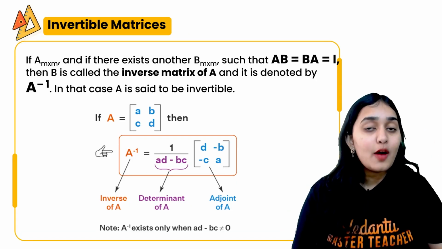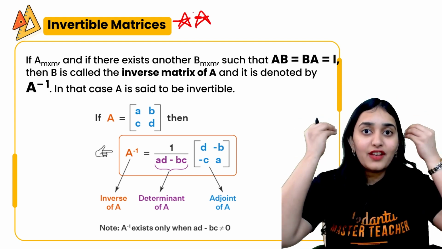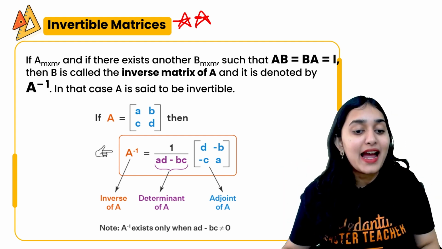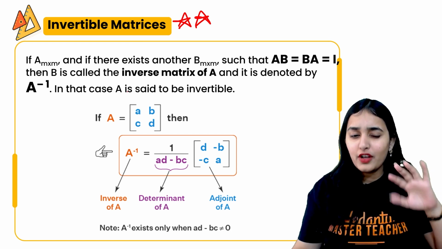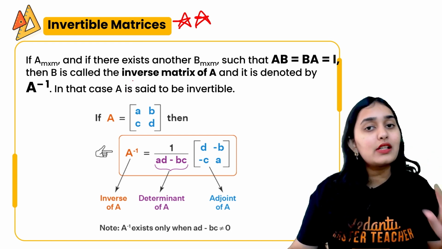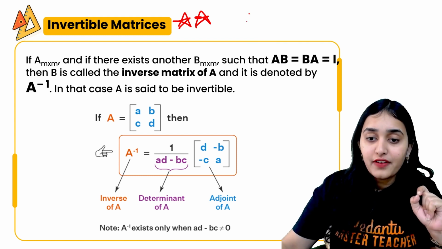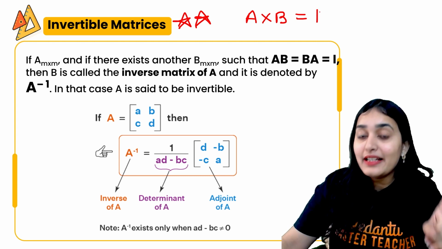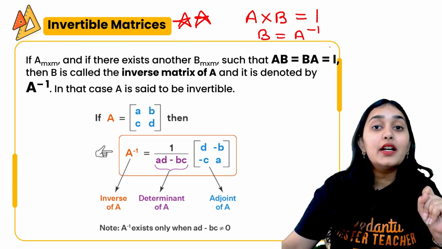Now, last topic of this chapter, again a super important topic asked every year in the question paper. Inverse of a matrix. You will also learn this in the determinants chapter, but for now in matrices also it is used a little bit. What is inverse of a matrix? If A into B matrix is equal to identity matrix, then B is called A inverse.